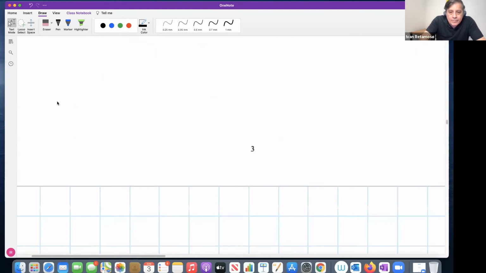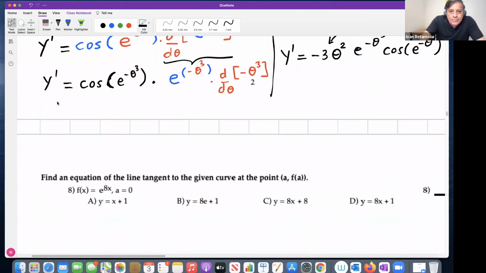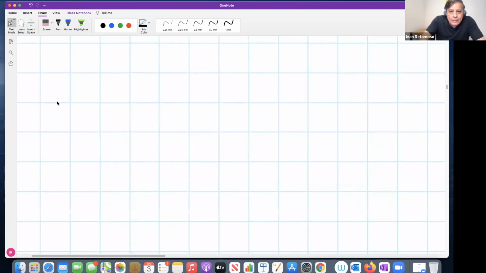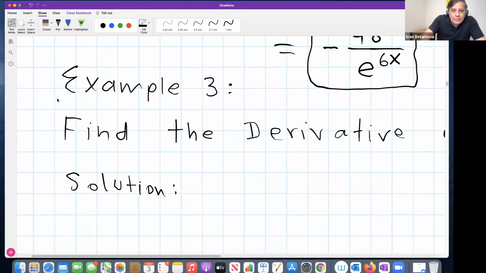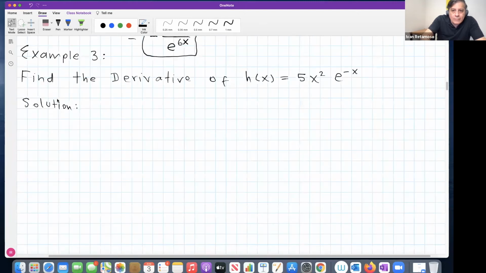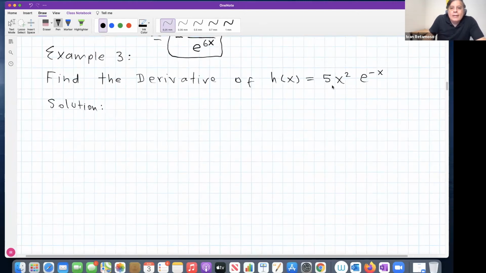What to do if they ask you to take the derivative of a function that looks like this: 5x squared times e raised to minus x. How do you proceed? Well, you see there a multiplication of two functions, right? So a natural strategy should say, okay, let's use the product rule, right? Product rule.